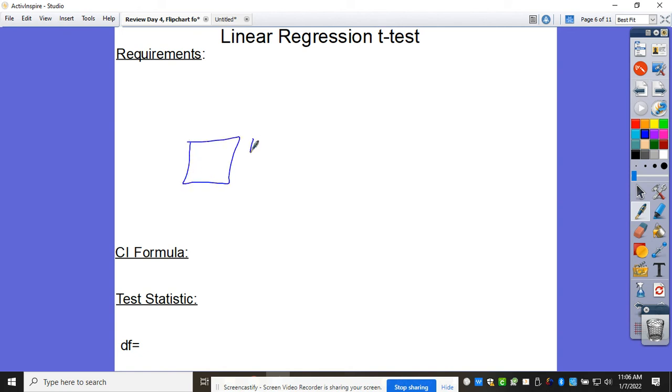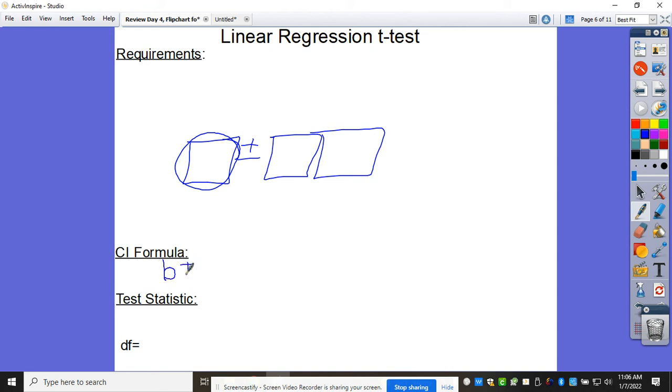So point estimate plus or minus critical value times some form of standard deviation, or confidence interval for regression, what goes there? What is our statistic for what we are trying to estimate?